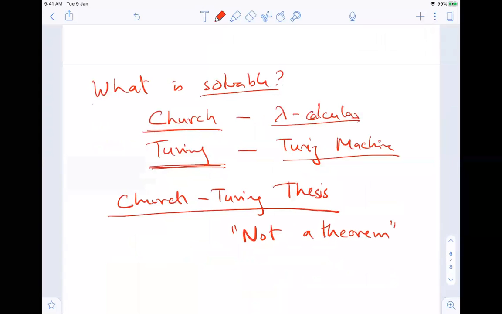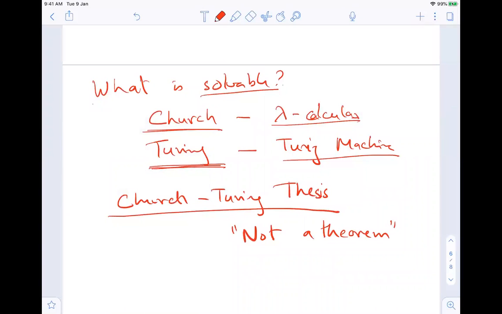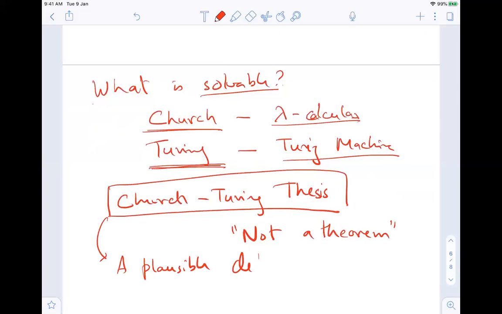People had to go back and prove that no, even using quantum computers, you cannot solve something that is not solvable using Church or Turing. That was proved. So in some sense, it's a plausible definition for solvable.